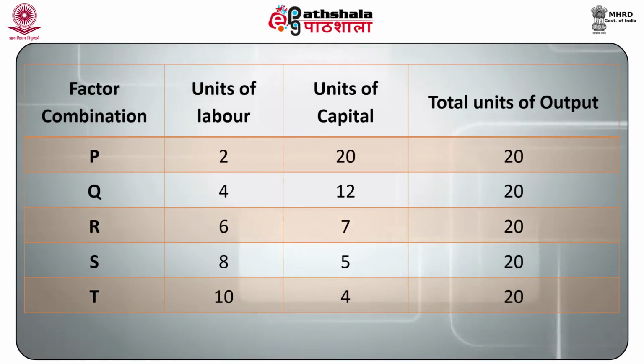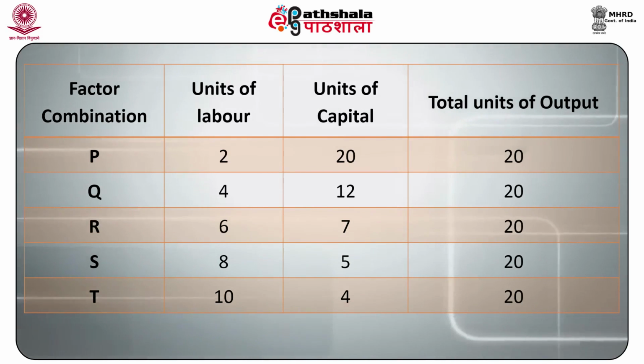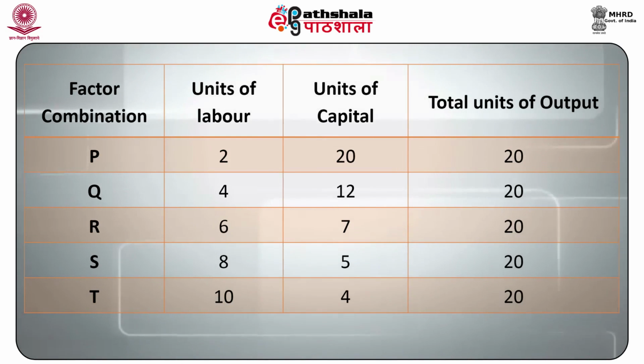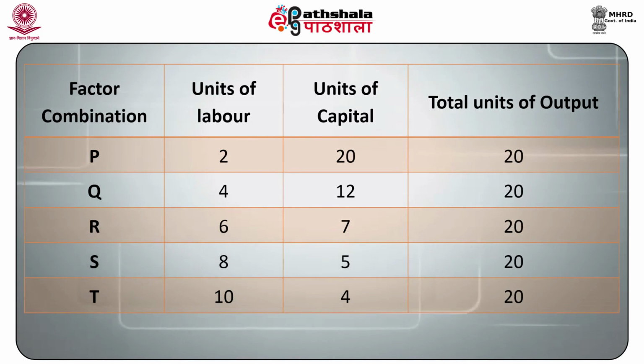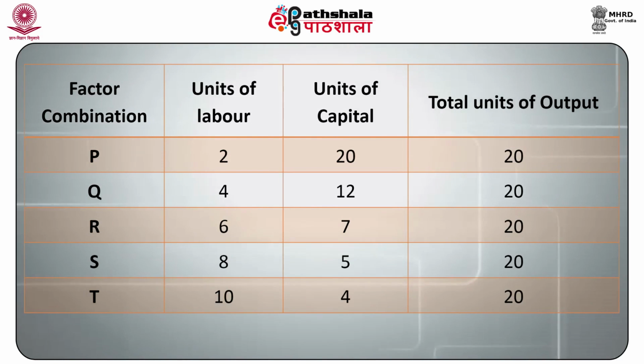Let us suppose a firm producing 20 units of a product using different combinations of factors. It is shown below. In the following table, factor combinations N, P, Q, R, S, T have been given, units of labor L have been given, units of capital K have been given, and total units of output has been given.